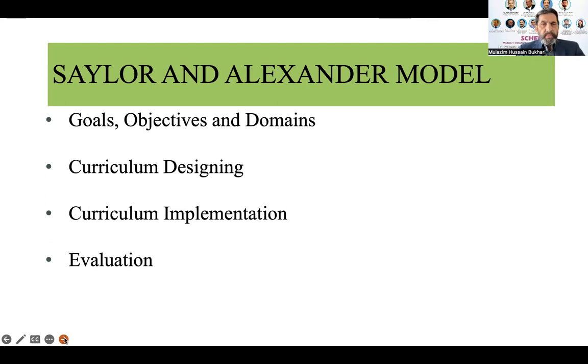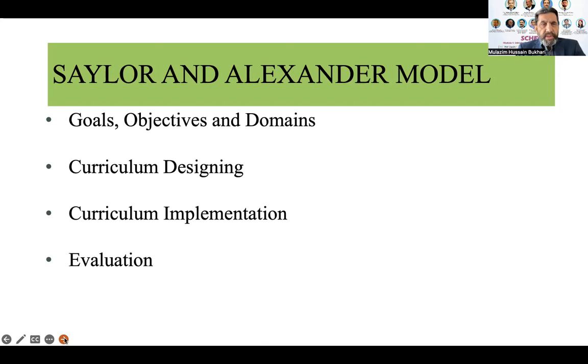And then you have to select the domains: cognitive domains, affective domains, psychomotor domains. You have to select the integration of the students. And then it's the curriculum designing. How you will design these curriculums as we have discussed previously.